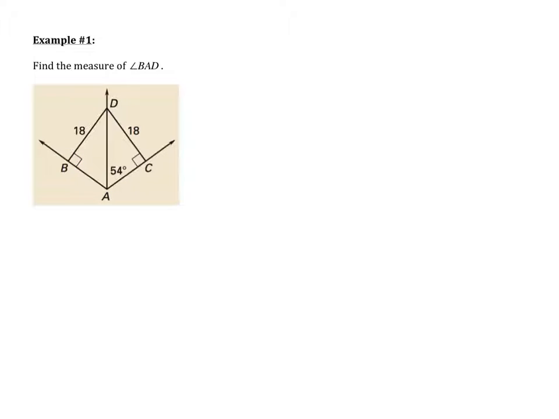We also notice that the length here is 18 and the length here is 18. If these two sides are congruent, that means that ray AD must be the angle bisector of angle BAC. So point D is equidistant to the sides of the angle, therefore ray AD must be the angle bisector.